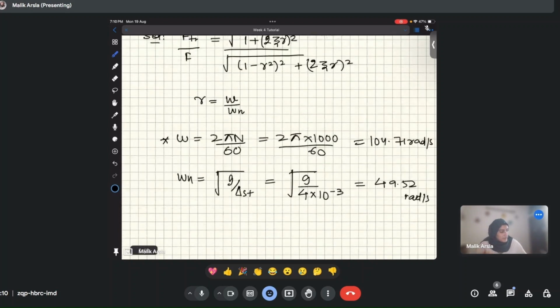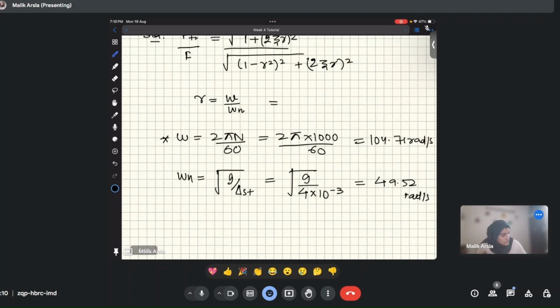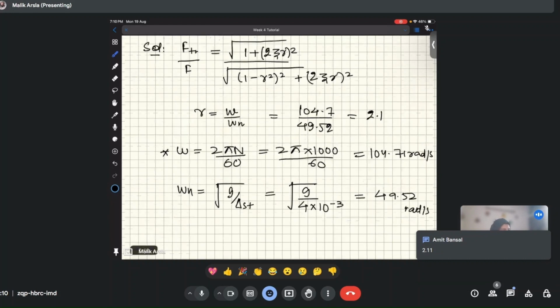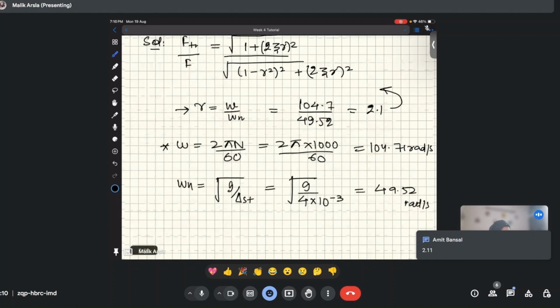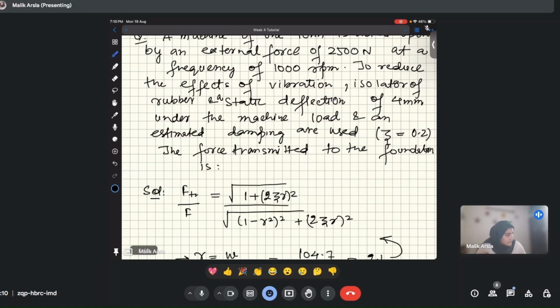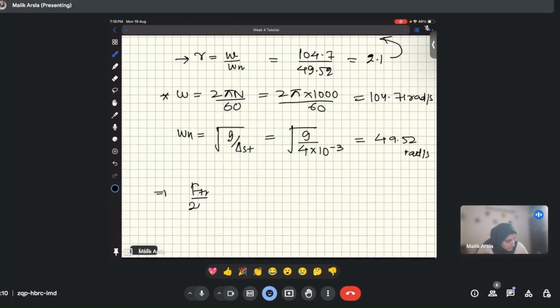So now we calculate r. r will be omega upon omega n, right? 104.7 upon 49.52. Now this comes out to be 2.11 or 2.1. So you plug it in there, and we know that F_T upon the external force, which is 2500 Newton.